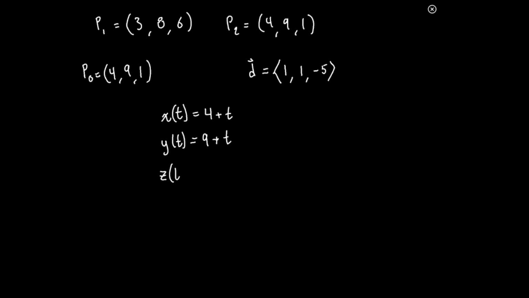And z of t equals 1 plus negative 5 times t, so 1 minus 5t. And there is the parametric set of equations. It's a horrible box, but there is the parametric set of equations for the line that goes through these 2 points.